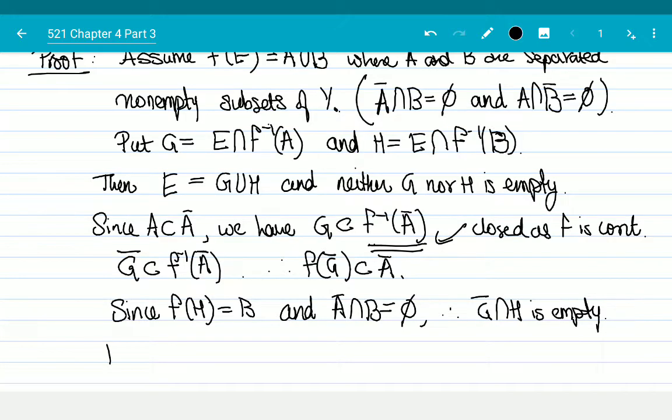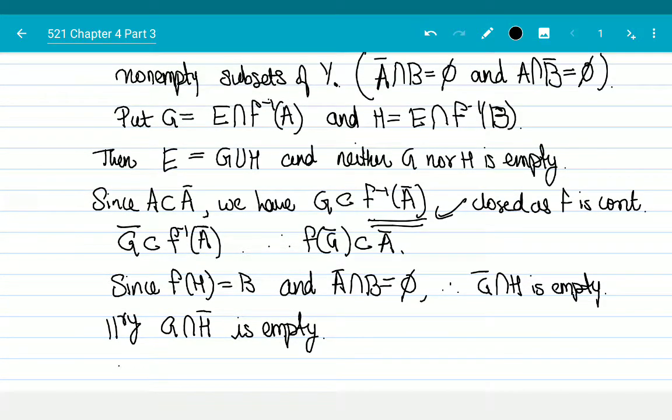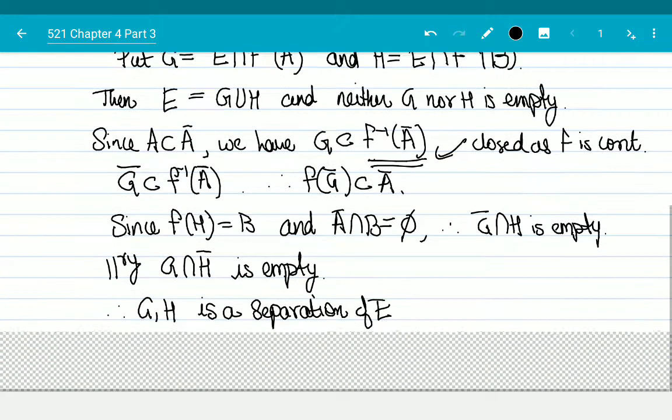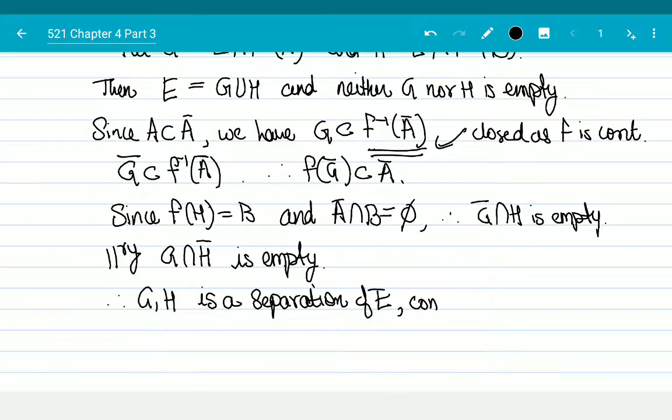Similarly, G intersection H bar is empty. Therefore G, H is a separation of E, which is impossible as E is connected, contradicting that E is connected.